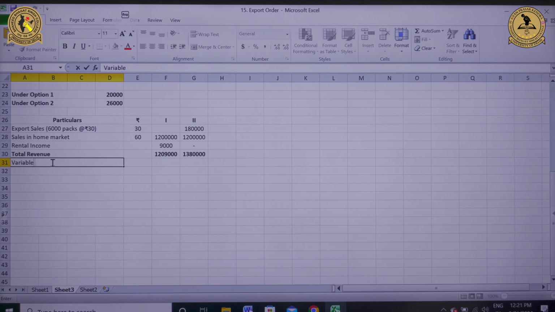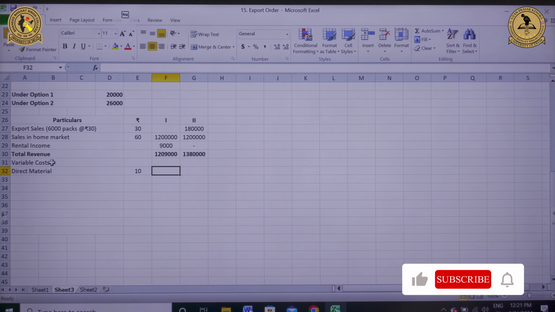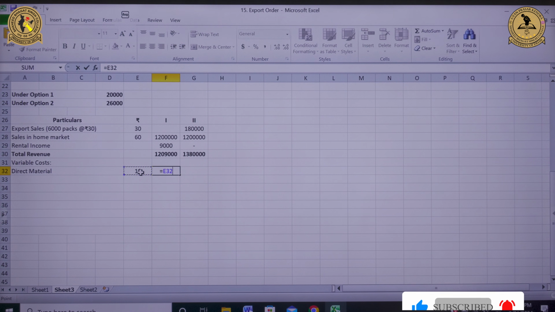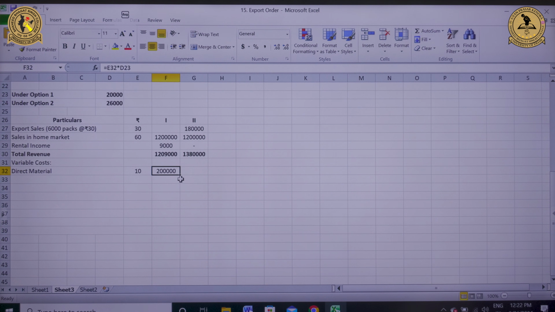So the first is variable cost. We have direct material in this case. My direct material is rupees 10. So again equals to 10 rupees multiplied by 20,000 units, that is equals to E32 multiplied by D23, and press enter. Same way I need to type equals to rupees 10 multiplied by 26,000 units and press enter.